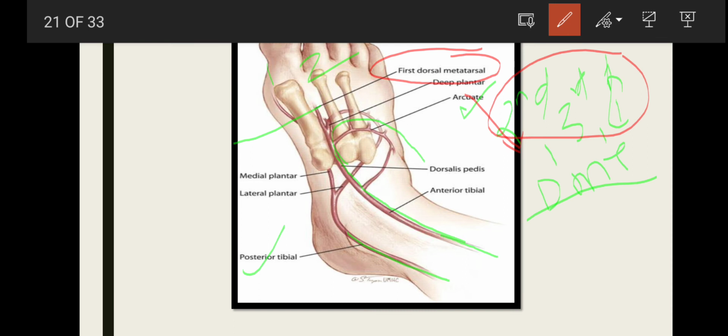So one branch of the dorsalis pedis is the arcuate artery. Another branch is the first dorsal metatarsal artery. The second, third and fourth dorsal metatarsal arteries are branches from the arcuate artery. Apart from that, there are two more branches, the medial tarsal artery and the lateral tarsal artery.